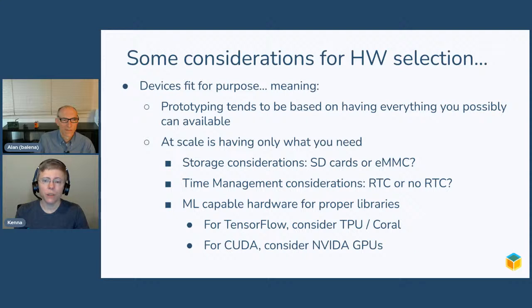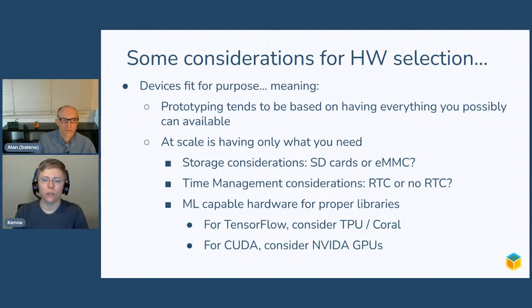But I think the one that Alan is more familiar with, even more than I am, is machine learning capable hardware. There are various libraries out there, and they require different types of hardware or allow you to start thinking through different types that you might want to use. There's cost considerations. There's the connectivity for those peripheral considerations.